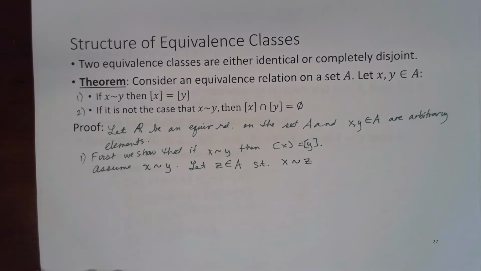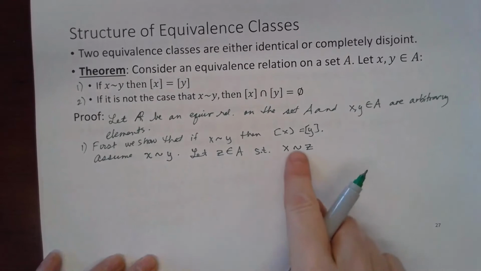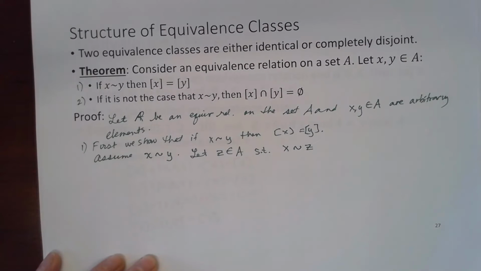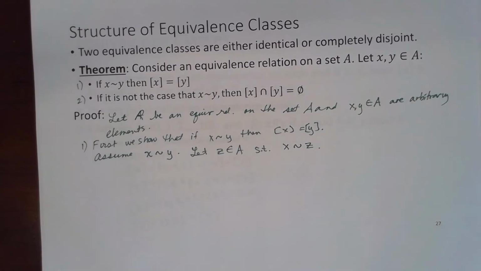Now that might be x. I'm not forcing it to be x. I'm just getting an arbitrary element. At least x is in the equivalence class of x, but I'm just going to say a general z. There's some z in the set, and x is related to z. Now if we think about the properties of equivalence relations, they're reflexive, symmetric, and transitive.